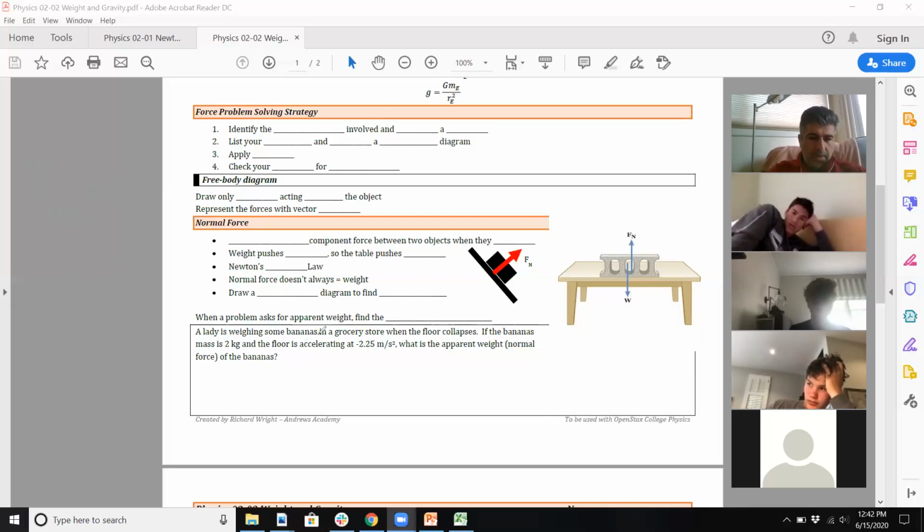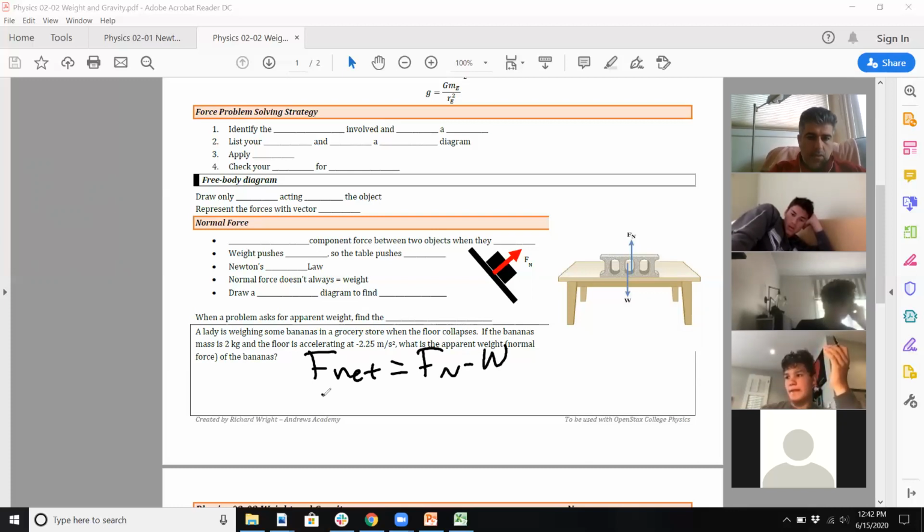Your net force is going to be normal force minus weight. Your net force is also m times a. Normal force we want to find. Your weight is going to be mass times gravity, sorry, weight due to gravity, or force due to gravity.